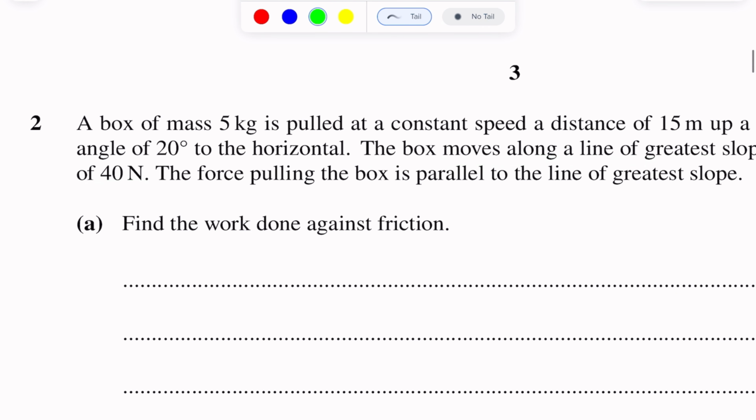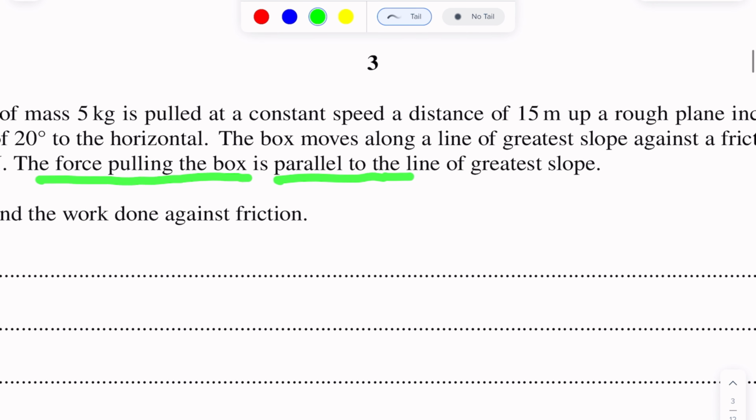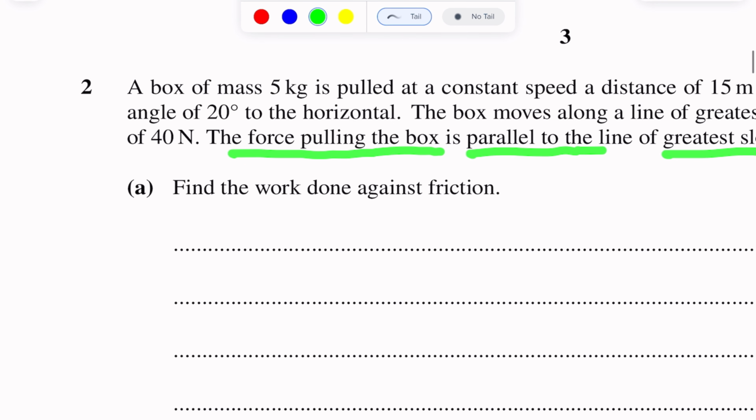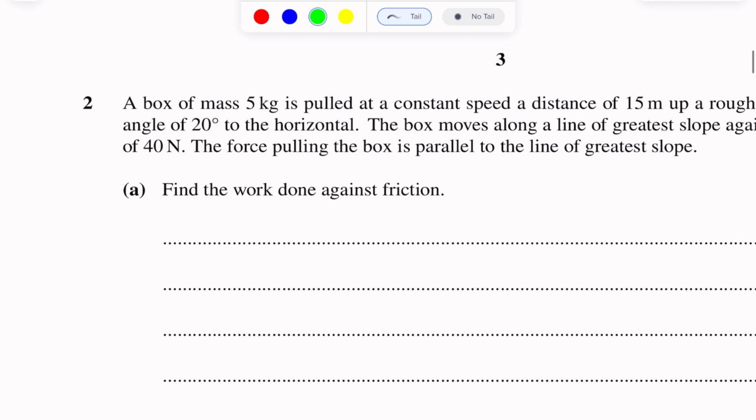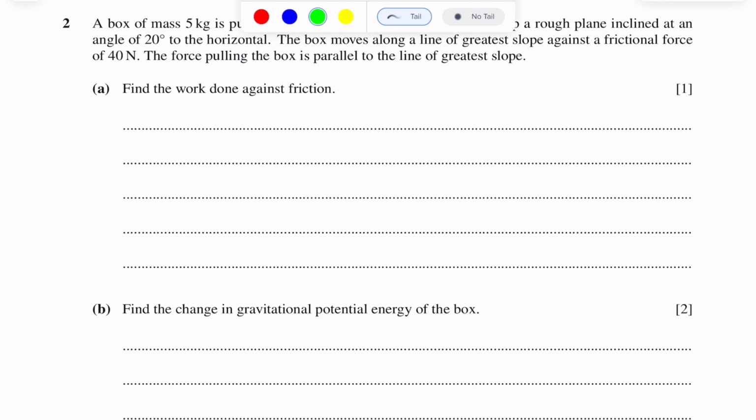The force pulling the box is parallel to the line of greatest slope. Part A of this question is: find the work done against the friction. This is inclined plane motion. Let this be the inclined plane.